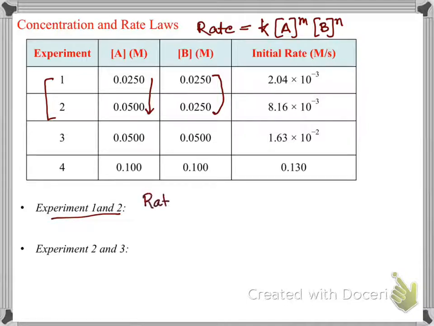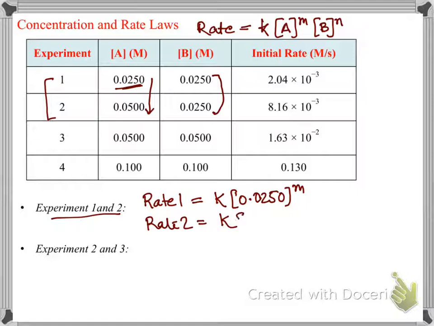You're going to write down rate 1 equals k, concentration of A is, I'm taking this, 0.0250 raised to the power m. And then we can write down rate 2 also, equals k, then 0.0500 raised to the power m.